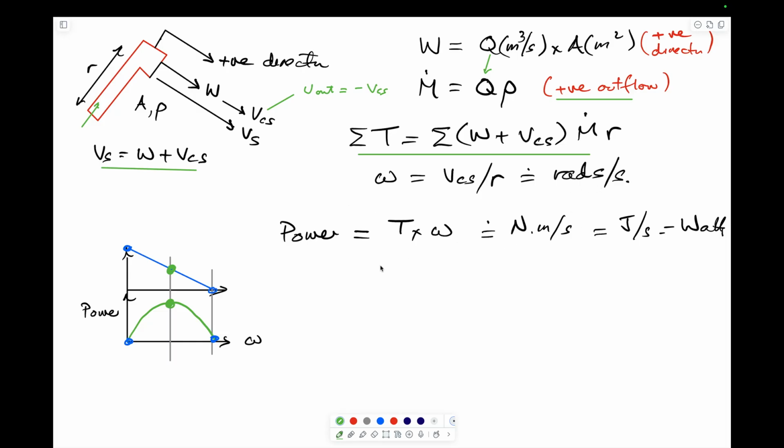So radians per second is useful because it gives you a power, which is just the product of torque times the rotation velocity. This is always given by a velocity of the control surface divided by the radius, and so rotational velocity is proportional to the velocity.